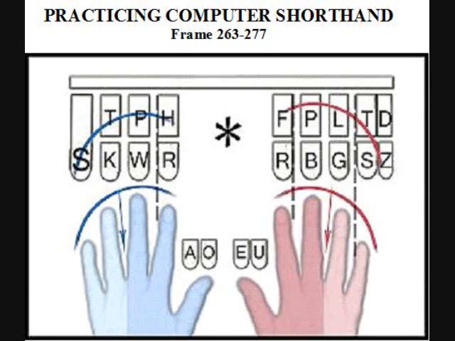Okay, frame 266 is wouldn't when it comes second in the phrase.